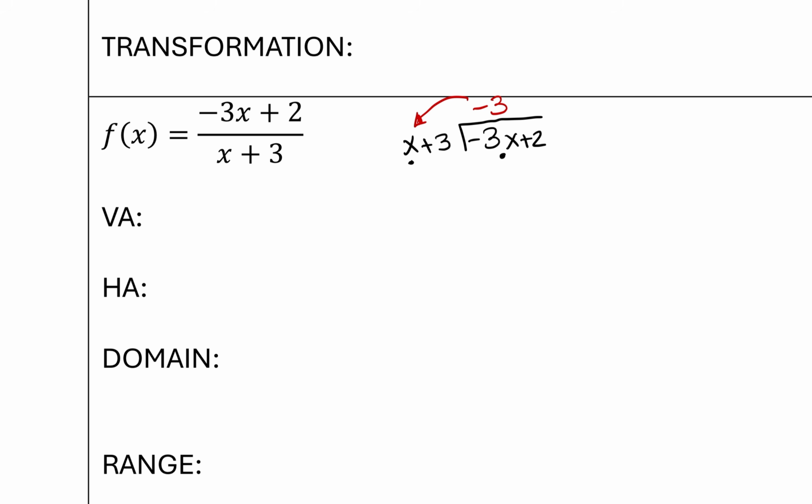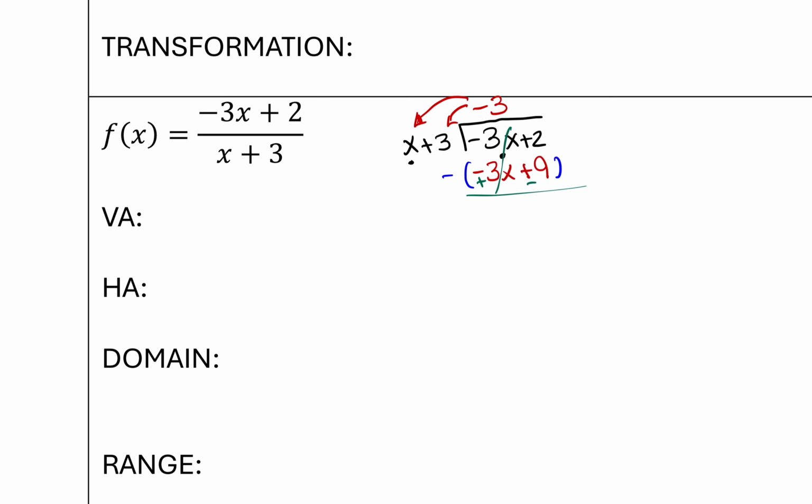So we have negative 3 times x, which will give us negative 3x. Negative 3 times positive 3, which will give us negative 9. We then wrap this in parentheses and put a negative symbol in the front, and we distribute it. Okay, so the negative 3x right here will turn into a positive 3x. The negative 9 will turn into a positive 9. So now when I combine it, the 3x's cancel out, right?